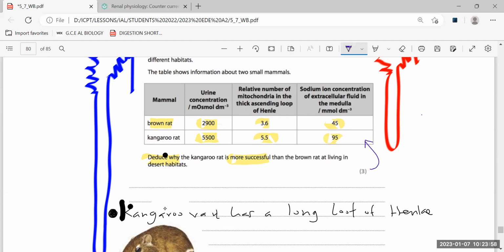And another important thing, when information is given in the table, you should use all the data. You can consider it a rule.